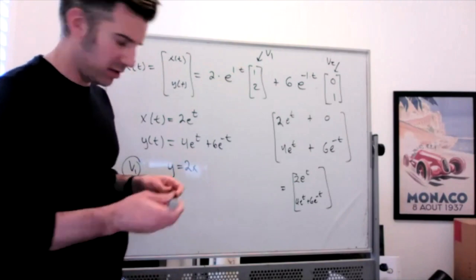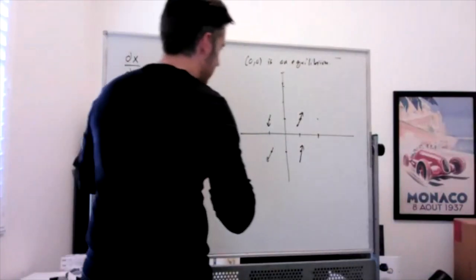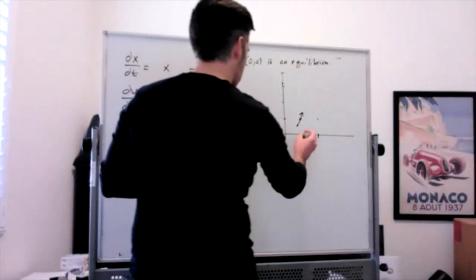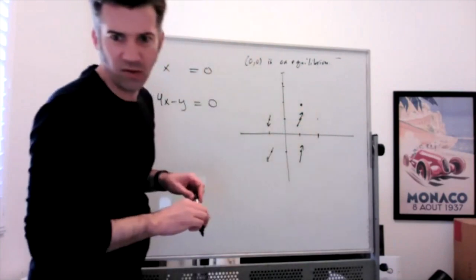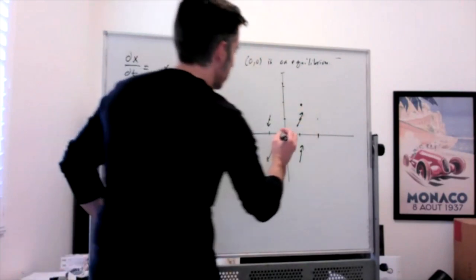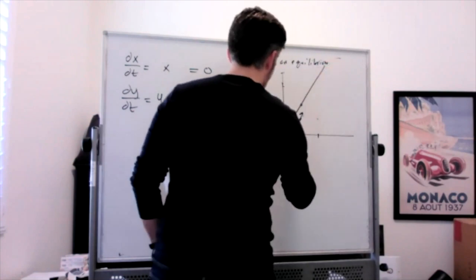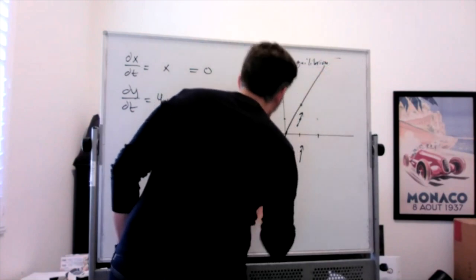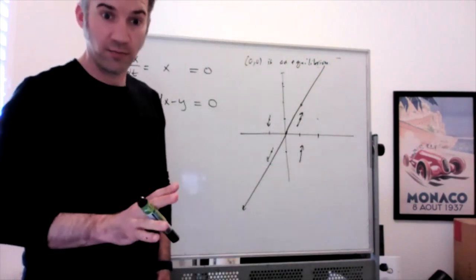So I'm going to draw my eigenlines in black. One of the eigenlines is y equals 2x. So over 1 up 2. So my eigenlines look like this. And now here's the thing that you want to know.